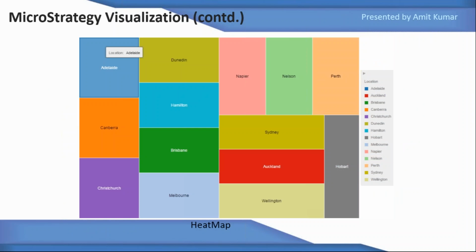It shows different blocks with different colors, or the same color, and based on the volume of the data the density of the color keeps growing, and the block size also becomes bigger or smaller based on the volume of the data.